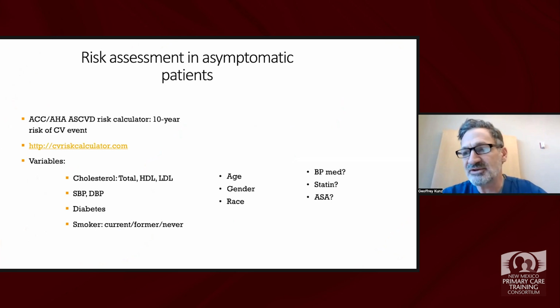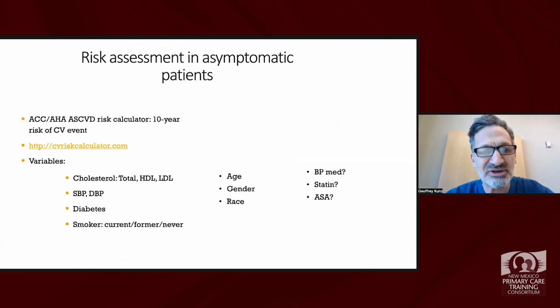And really the cornerstone of primary prevention for any given patient is to assess their cardiovascular risk. And we've all learned in medical school the standard risk factors. Those risk factors can be quantified and compiled to produce a risk score.